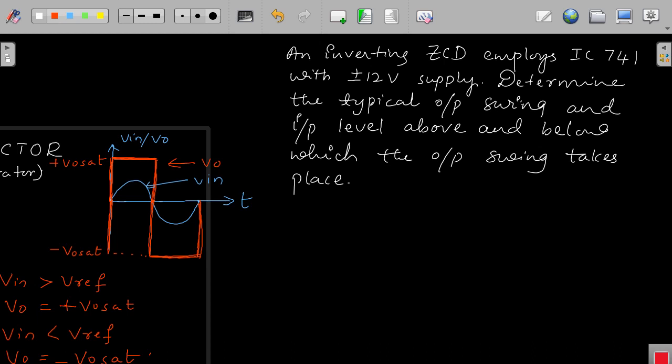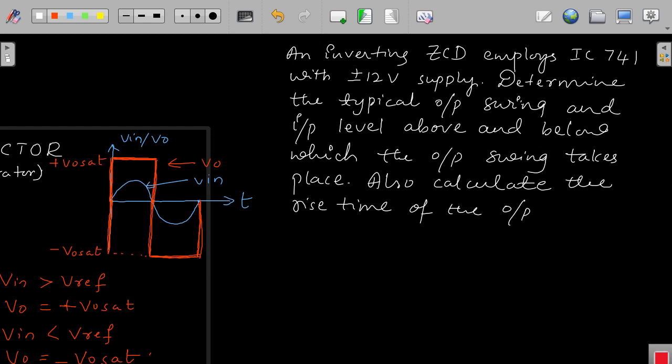Also calculate the rise time of the output voltage.